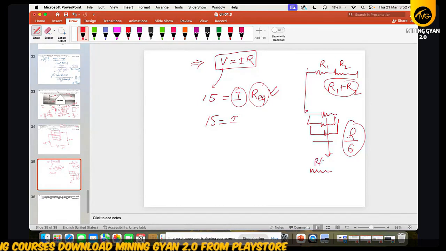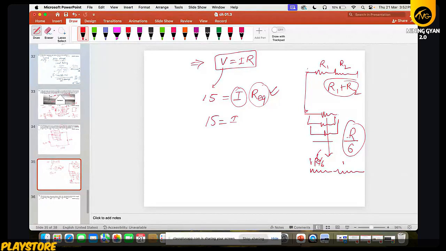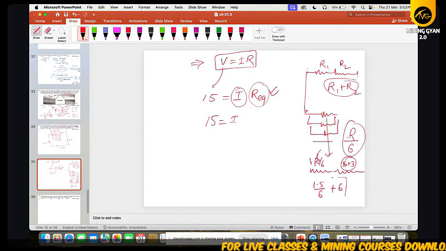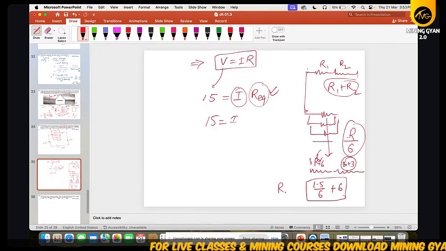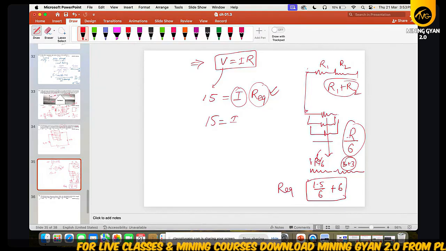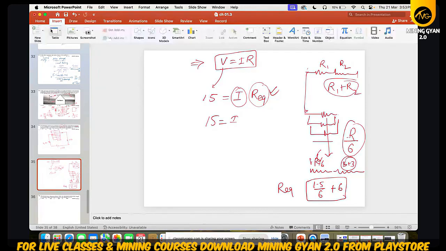R by 6, which is 1.5 by 6, and these are in series, so its value is 3 plus 3. So it will be 1.5 by 6 plus the two added, which will be 6. This will be your R equivalent. If you did not understand, I will explain it again.